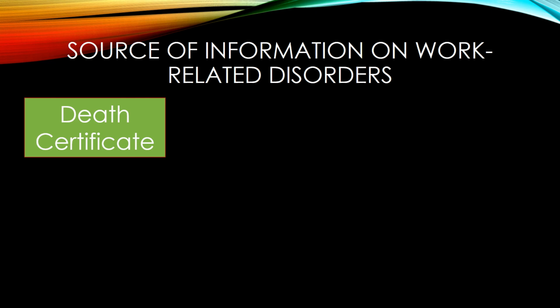So that alone allows you to conclude that the patient passed away when he or she fell from a high spot. Okay, so death certificate, because there is a section for cause of death. So you can try to pinpoint whether the cause of death is due to environment, OSH, or something else.